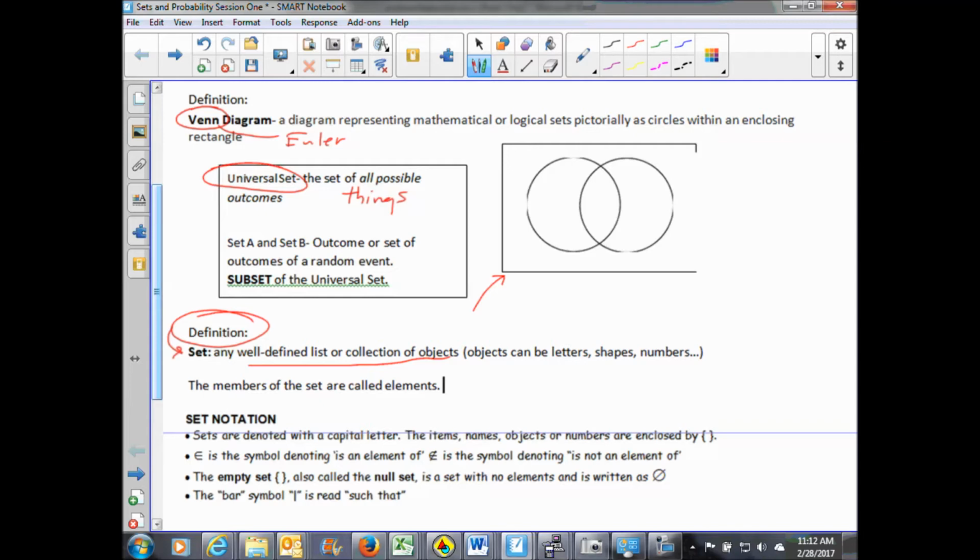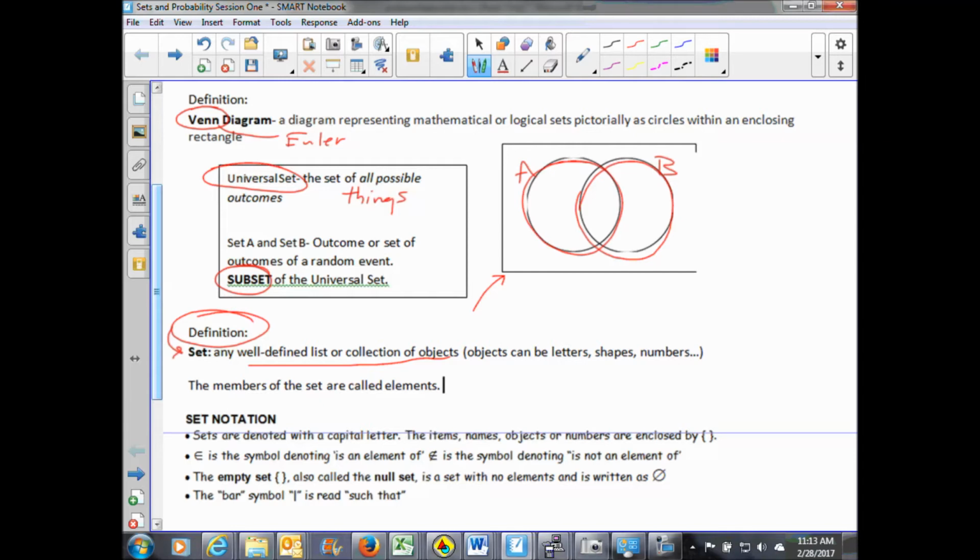And then a lot of times we will use circles inside the universal set to represent different sets, like set A and set B. This first circle right here might represent the elements of set A, and this might represent the elements of set B. Now notice, when we're talking about sets like A and B, they turn out to be subsets of the universal set.